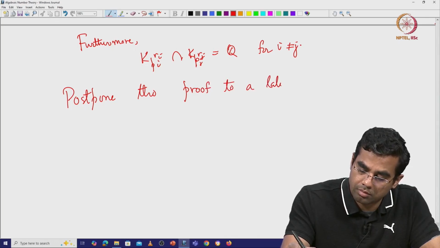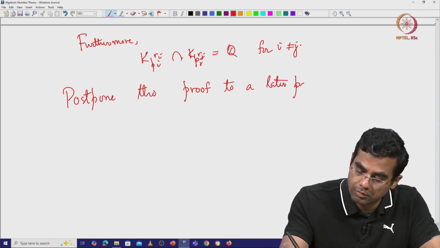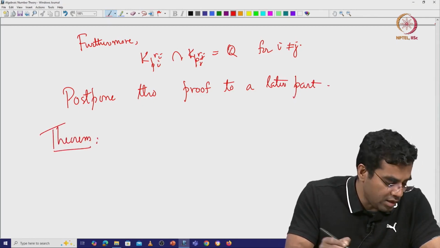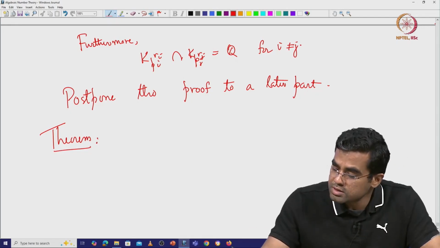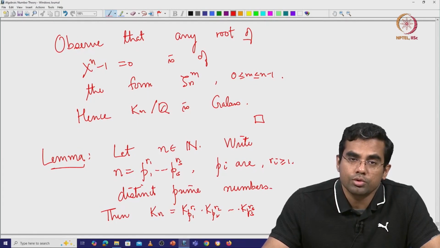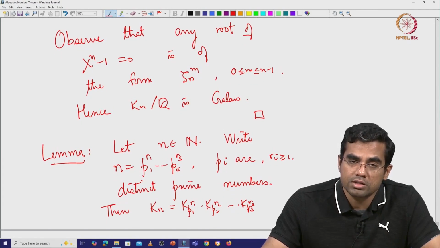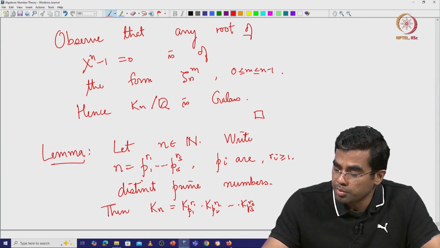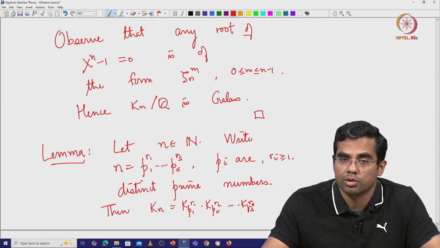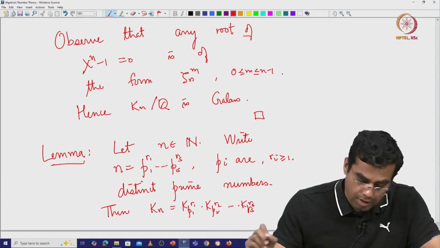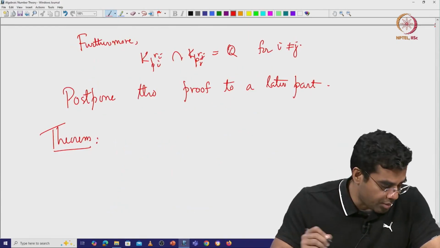We first prove the following theorem. Let me state the following theorem. The reason I stated this lemma first is that it tells you that to study these extensions for a general n, you need to study them only for prime powers, and once you do it for prime powers, you can deduce many things about a general n from the theorem for prime powers. And so, here is the following theorem for prime powers.